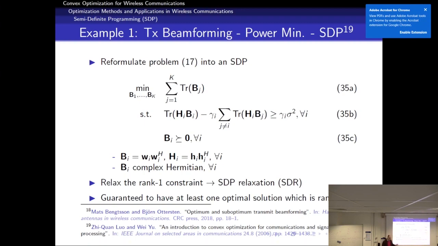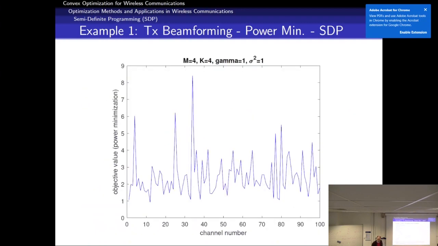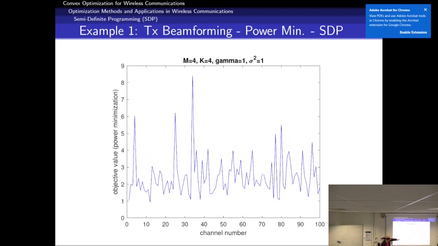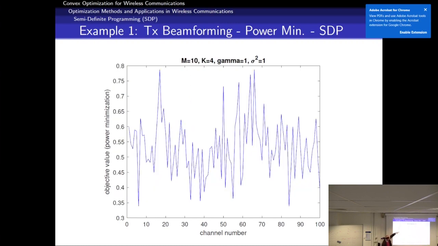I still have the same number of users, but I have larger matrices to optimize. So I have more space for optimization, and that's why you see that on average you were around 1, 2, whatever the unit is, and now you decrease to around 0.4, 0.5. So you see that indeed you have decreased the objective function.